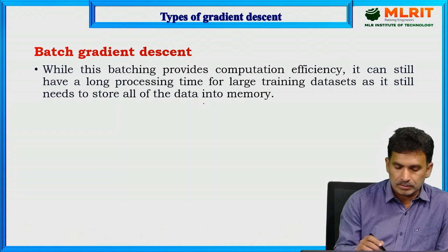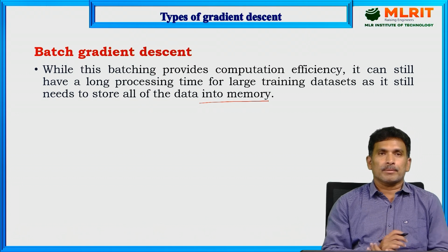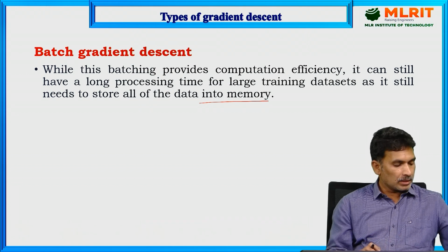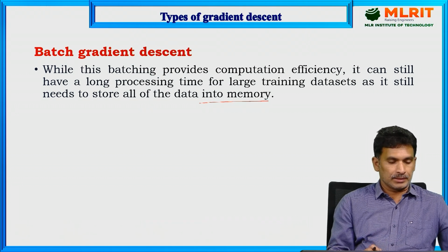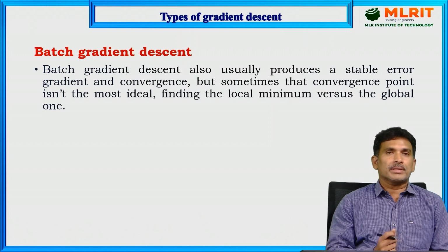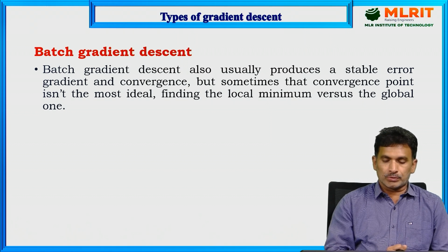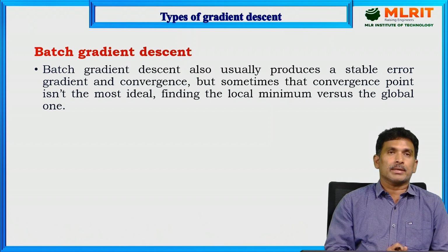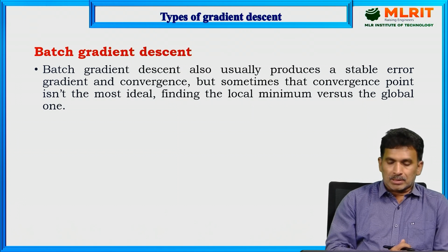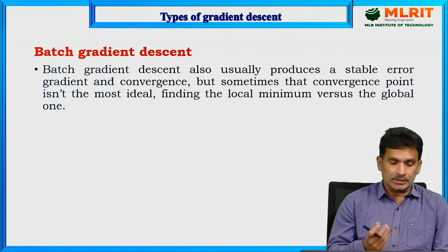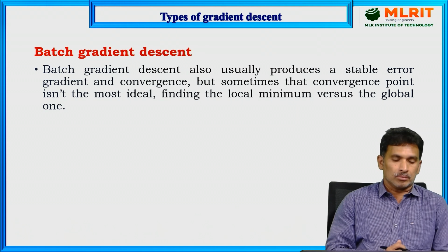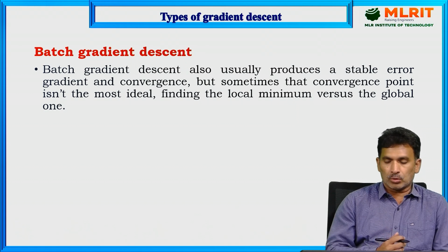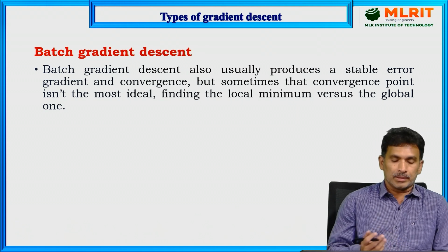So we need enough memory. That is a disadvantage of batch gradient descent. It also usually produces a stable error gradient and converges, but sometimes that convergence point is not the most ideal, finding a local minimum versus the global minimum.